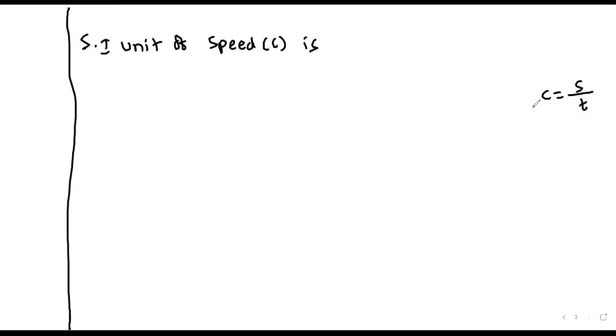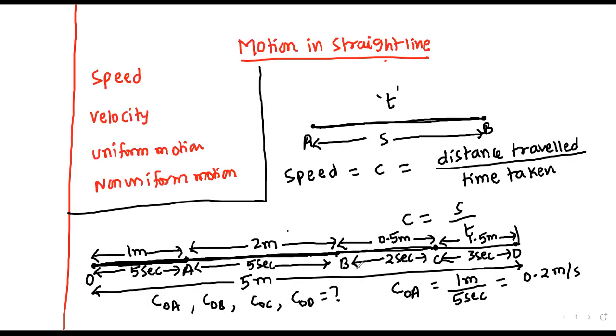So SI unit of speed equals SI unit of distance upon SI unit of time. SI unit of distance is meters and time is seconds, so we get meter per second. And the CGS unit of speed is centimeter per second. Okay, this one is completed.